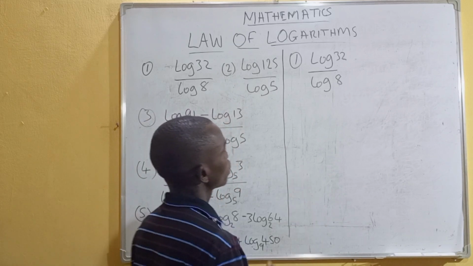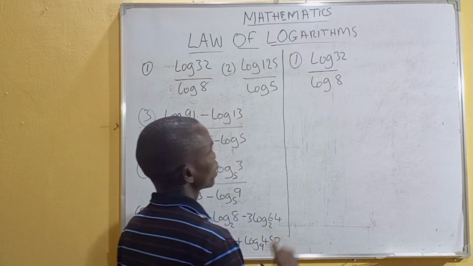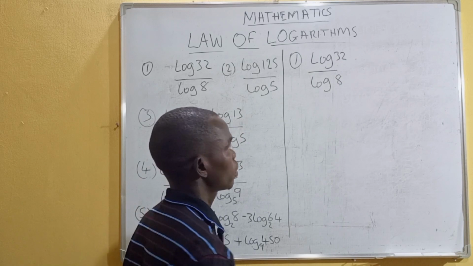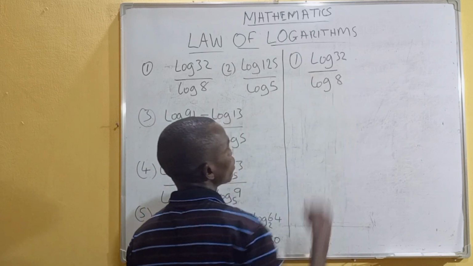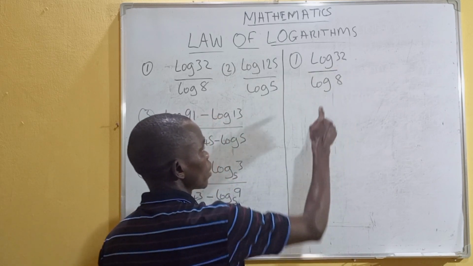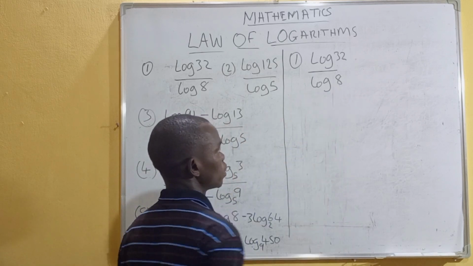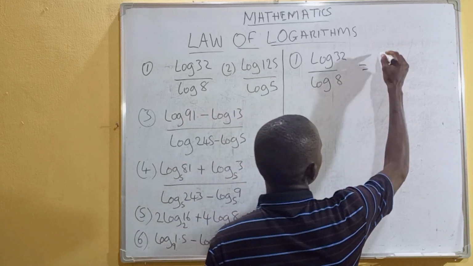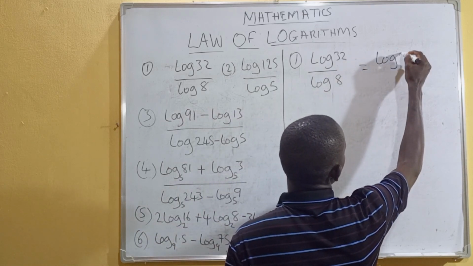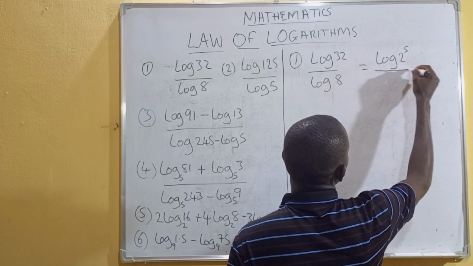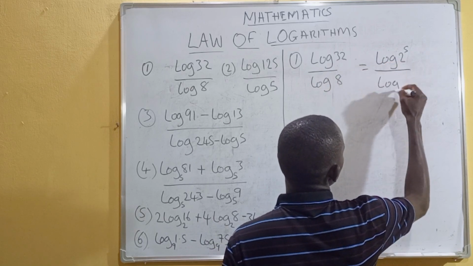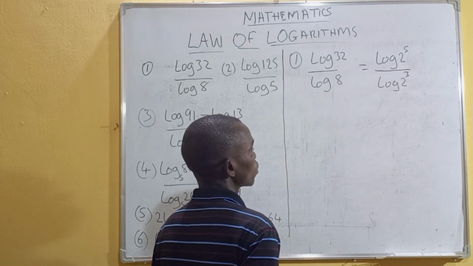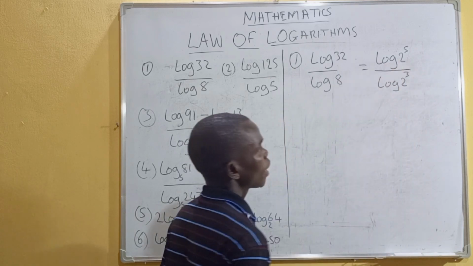So when you look at this question now, we can make this number and this to be the same. That is 2 raised to the power 5 will give you 32, and 2 raised to the power 3 will give you 8. So this will now be log 2 raised to the power 5 divided by log 2 raised to the power 3. So now this is a power law.